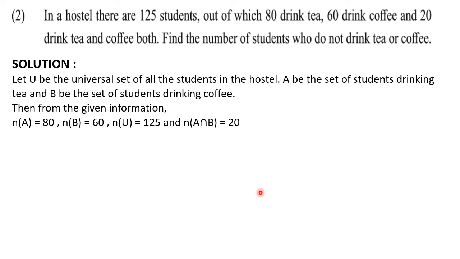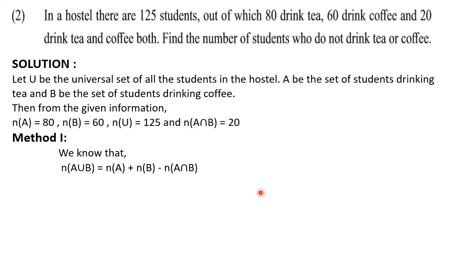So first of all, let us find out n of A union B by using the formula. Okay, so here only one method we are going to use. There are two methods as I have said, but the second method is now under the reduced syllabus, so you are not going to use it. So we know that n of A union B is equal to n of A plus n of B minus n of A intersection B. So put the values. n of A is 80, n of B is 60, and n of A intersection B is 20.